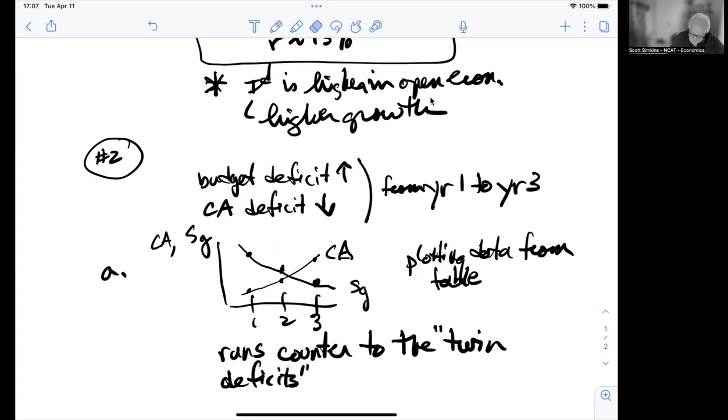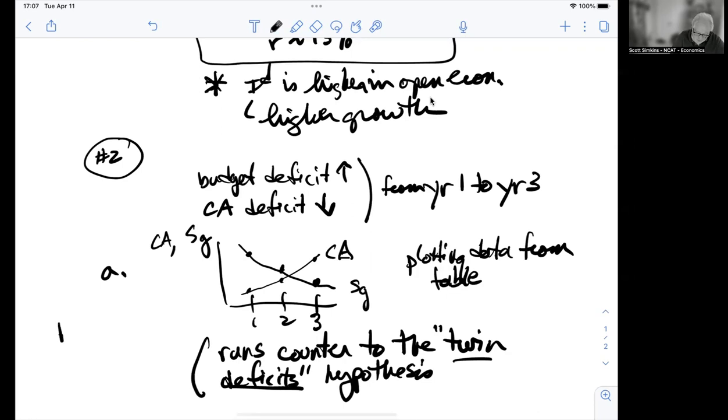The twin deficits hypothesis says that the budget deficit and the current account deficit move in the same direction.